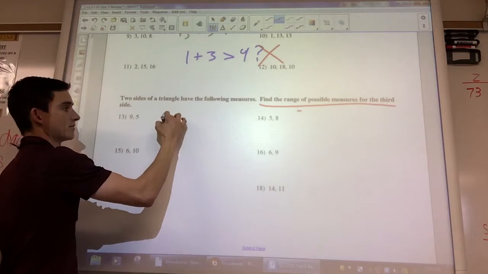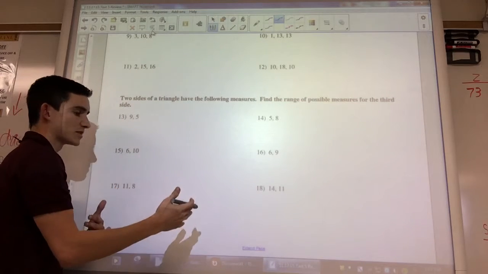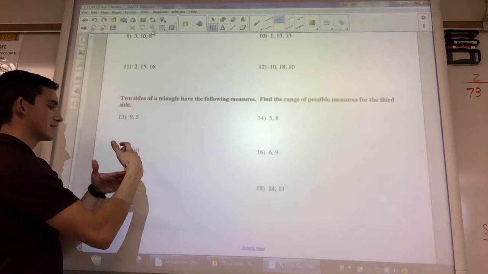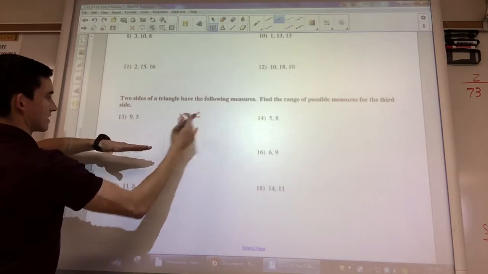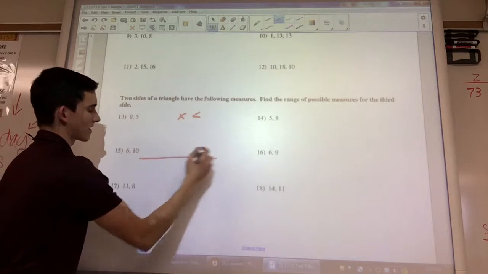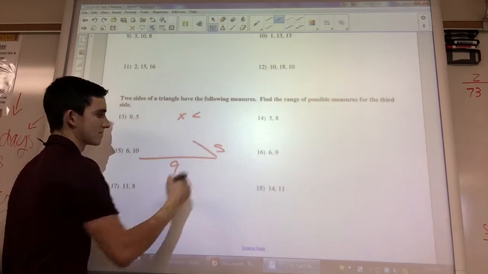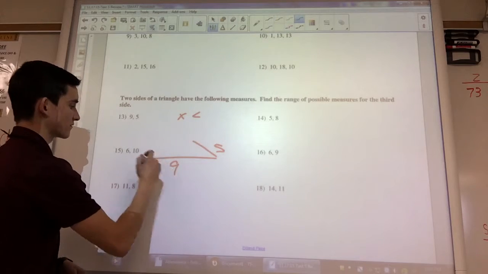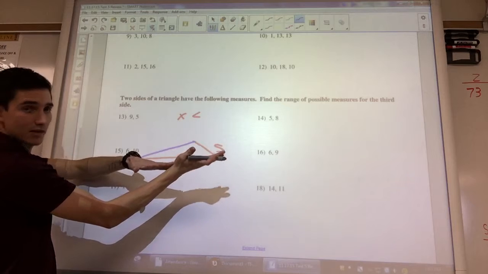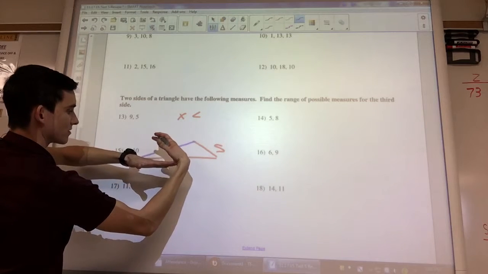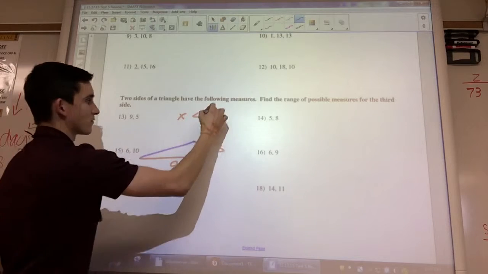So if you have 9 and 5, the possibilities for that third side: if you have a 9-foot side and a 5-foot side, the third side could be 9 and 5 added together. If you swing this out like a hinge, 9 and 5 added is 14.